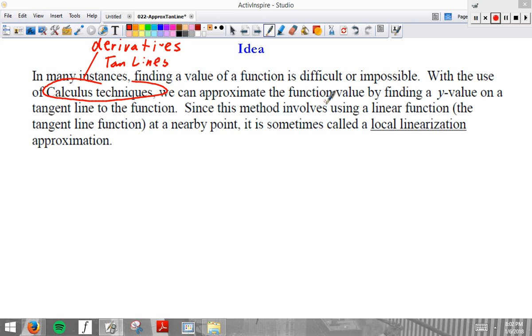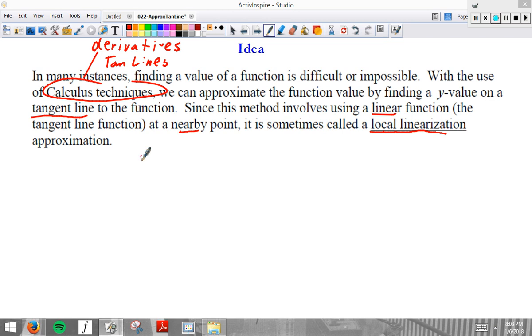We can approximate the function value by finding a y value on the tangent line to the function. Since this method involves using a linear function, the tangent line function, at a nearby point, linear nearby, we call it local linearization in some cases. So whenever you see the words local linearization or approximation in this context for this Unit 5 test, you're going to want to use this method.